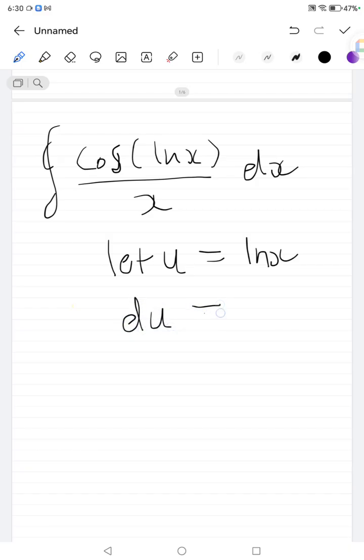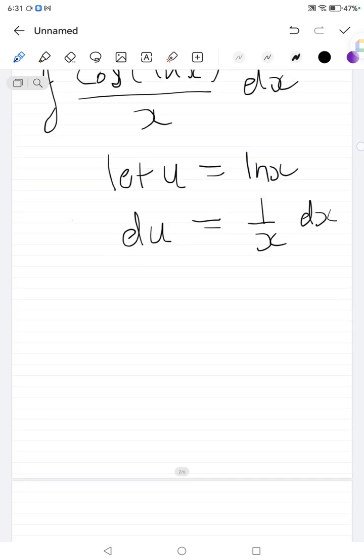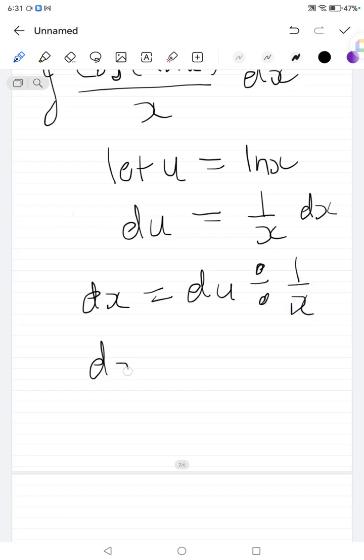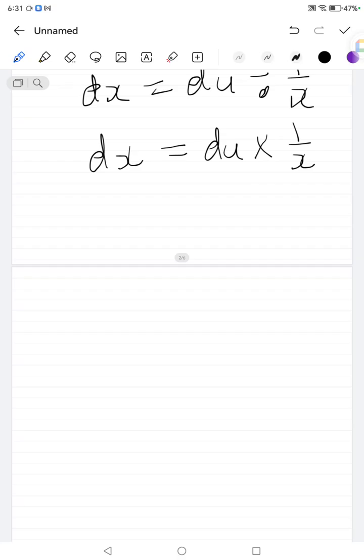Then you know your differentiation for ln of x is your 1 over x dx. Then you can know that, okay, your dx will be equal to your du divided by 1 over x. Your dx is the same as having your du multiplied by x. So now it means you have what? You have your cos of u over x.